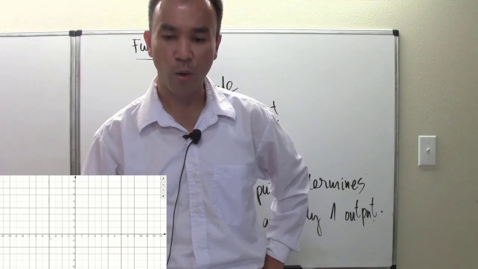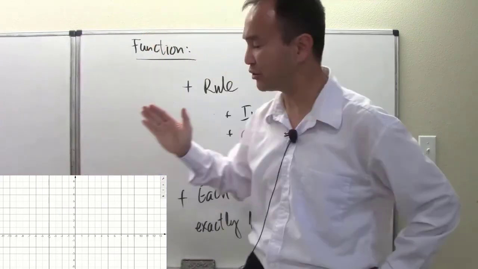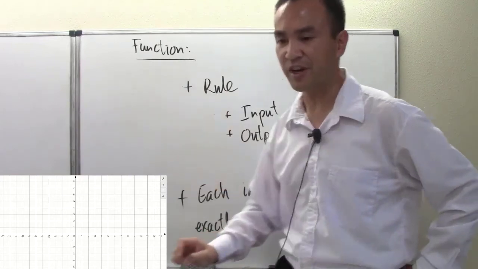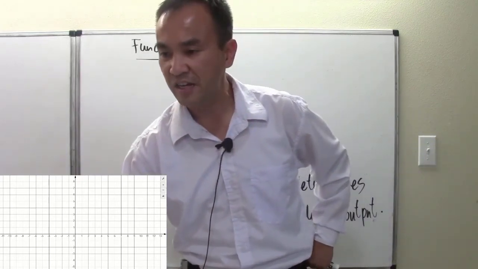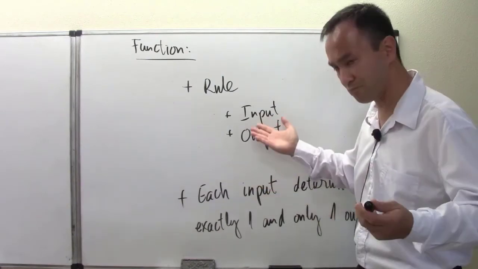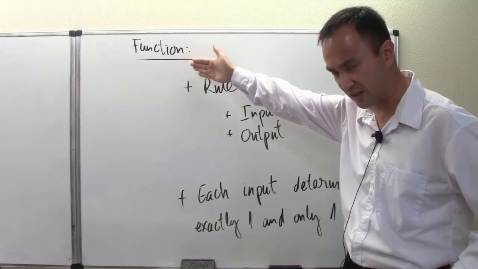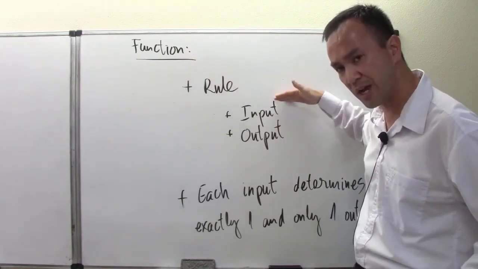In order to make this clear and distinguish for ourselves, we have to rely on the definition of a function. Back to what I was more than halfway through saying: a function, in its truest nature, is a rule relating input and output.